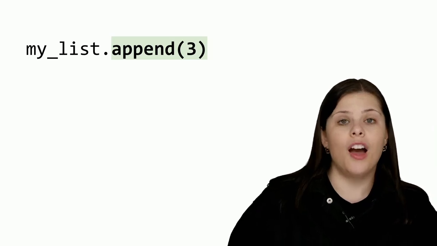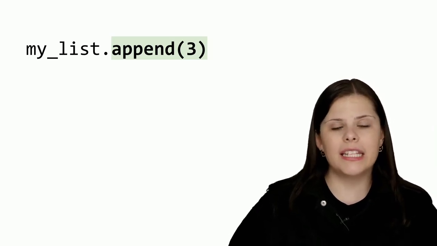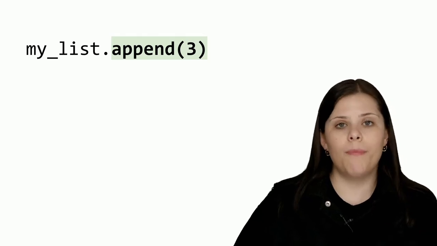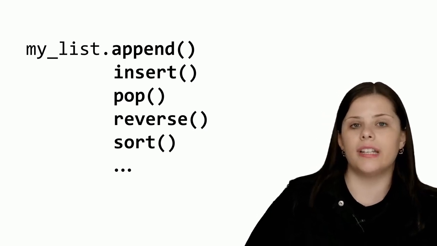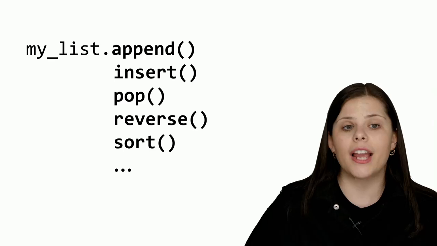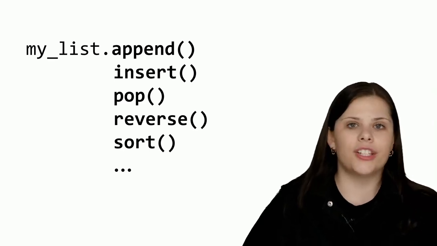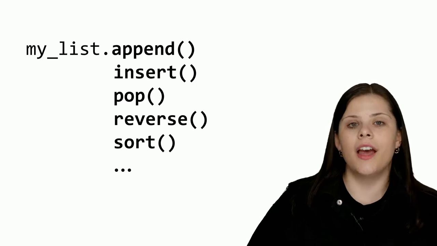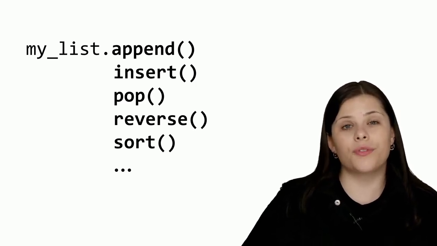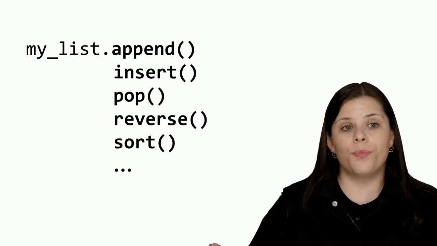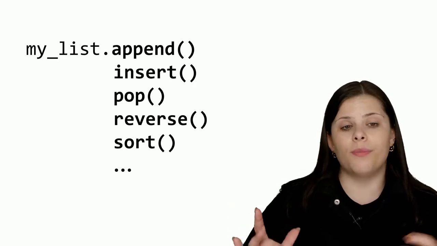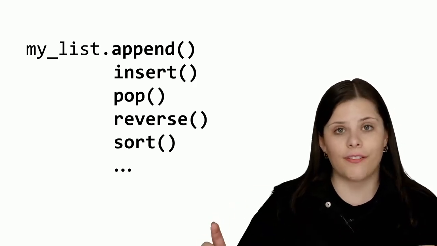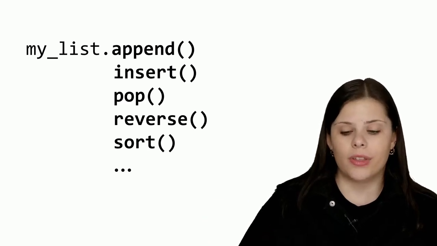So for example, my list is a list, and the list has certain methods. For example, append, insert, pop, reverse, sort, etc. You can find more online. And these are different operations that we can do with the given list. The big difference, contrary to functions, is that we don't put the list as a variable inside the parentheses, we put this method after the variable, connecting it with the dot.